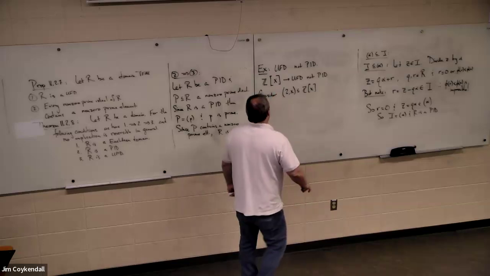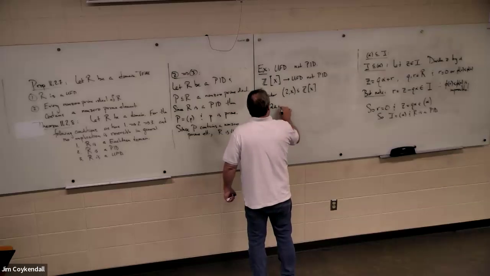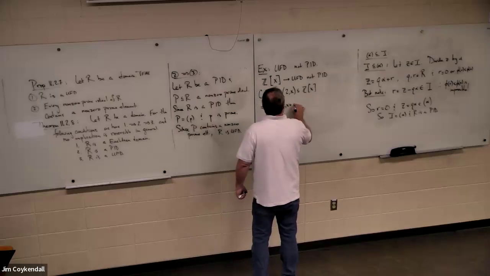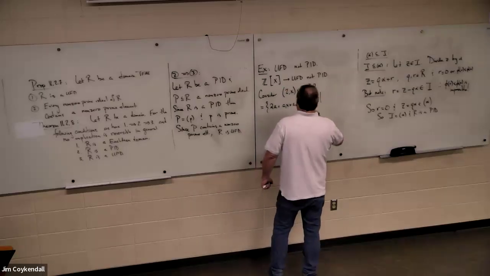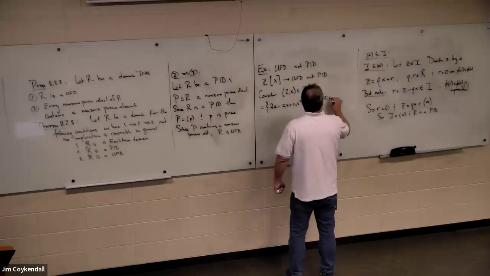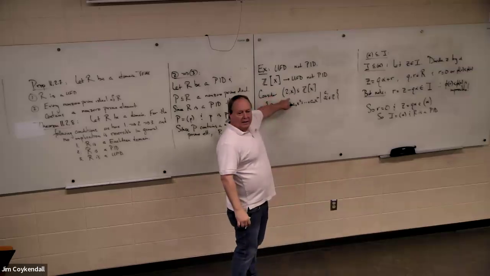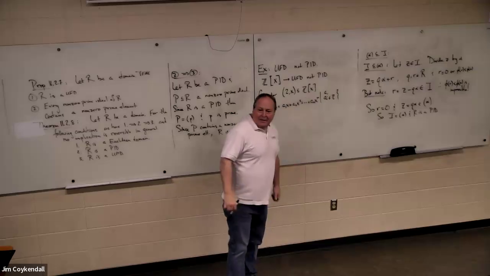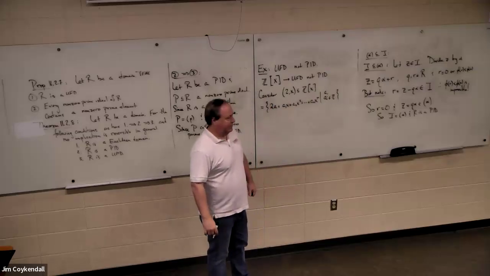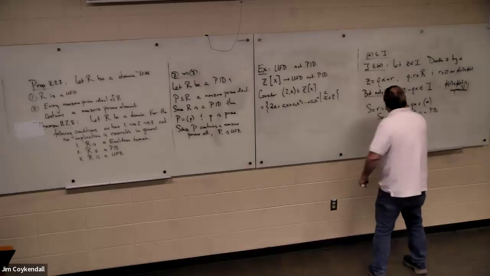This is the set of polynomials with integer coefficients, but I'm going to demand that the constant term is even. This is the smallest ideal that contains 2 and x.